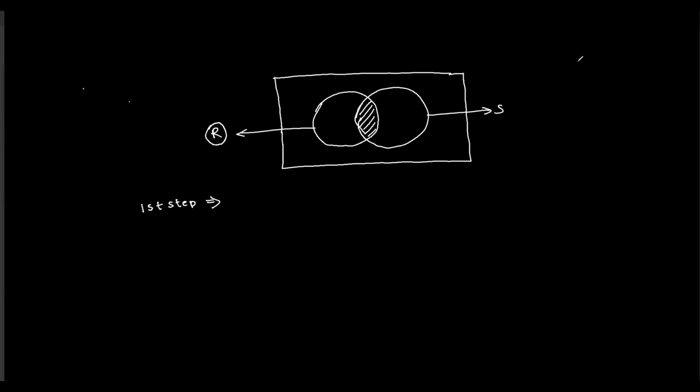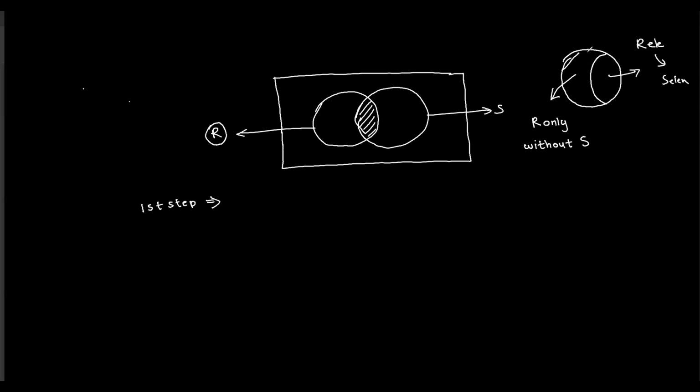If you consider R, it has two parts. This one is R only, which has only R without S elements. This other part has R elements, but they are also common to S elements.